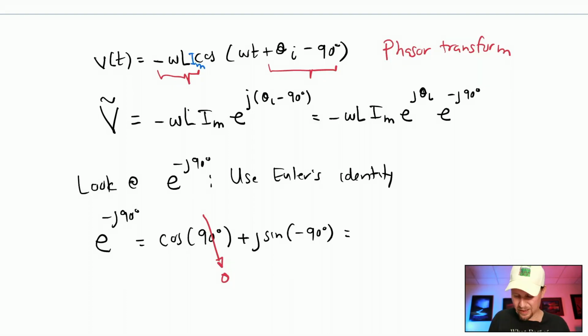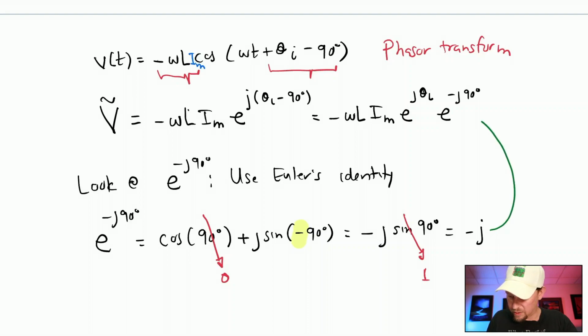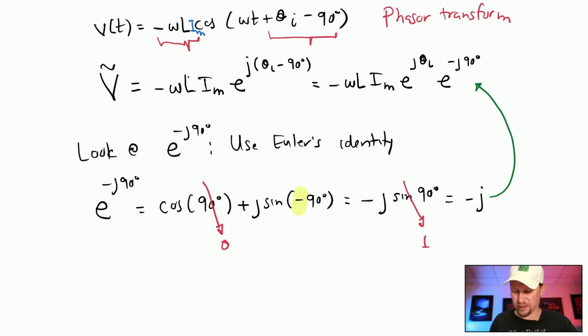Sine is an odd function, so I can pull out this negative straight out of the sine, in which case I get minus j times the sine of 90 degrees, and the sine of 90 degrees is not 0, this is just 1. So notice that this is the same thing as minus j. Now, the reason I'm doing this is so that this part I can use right there.